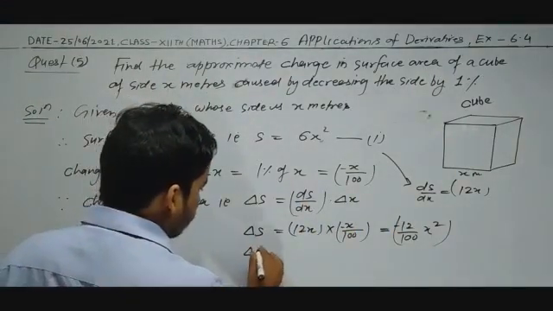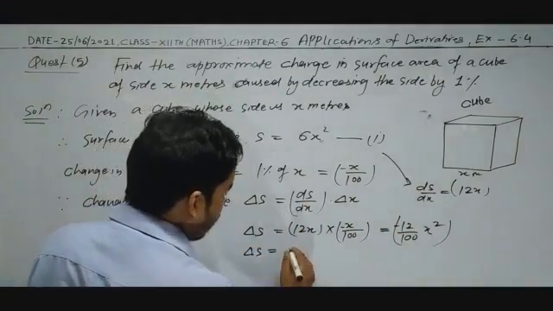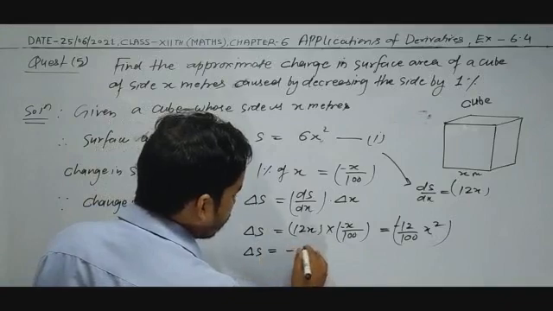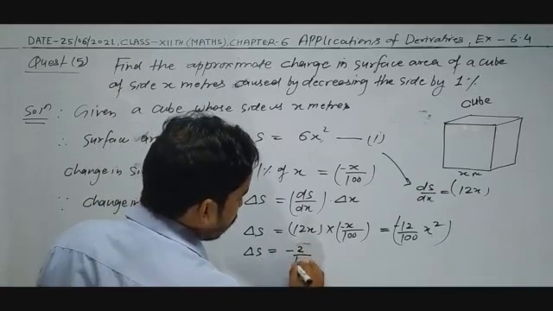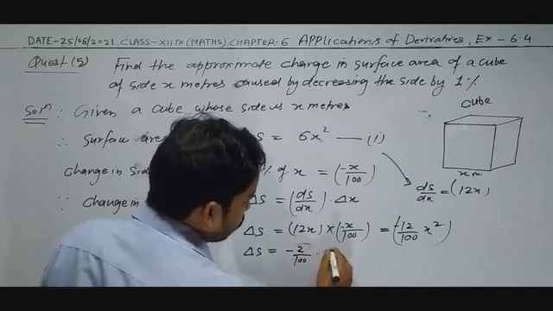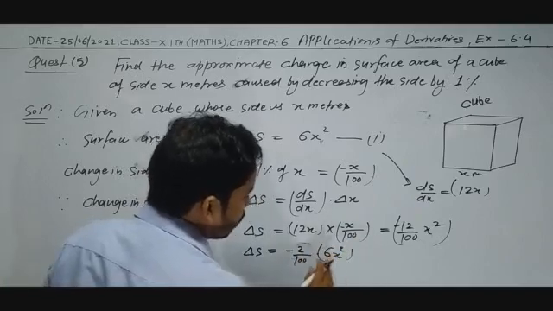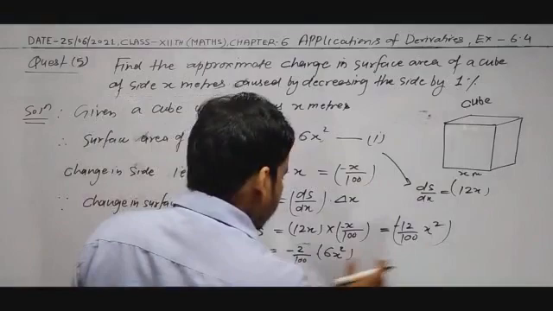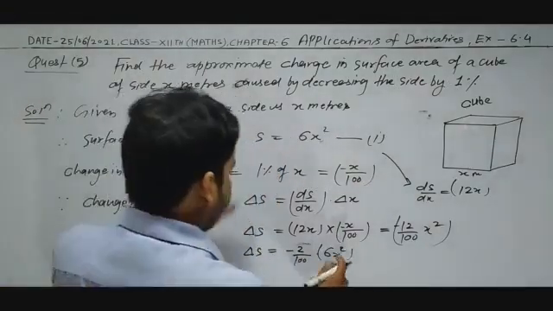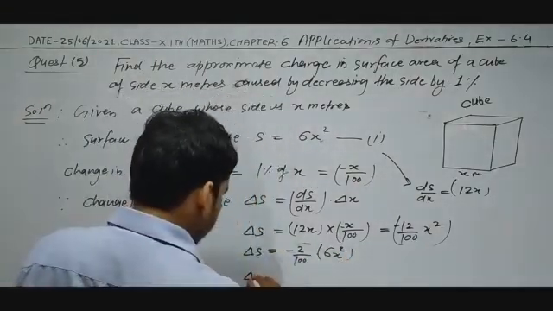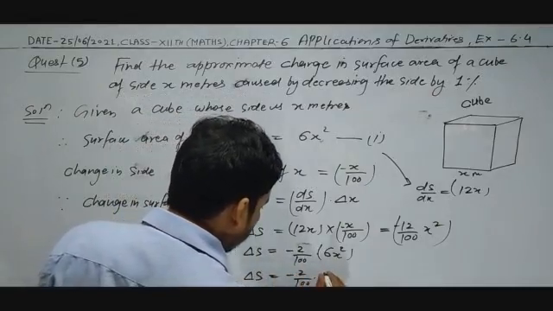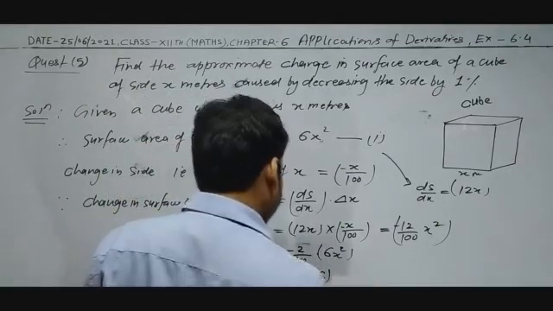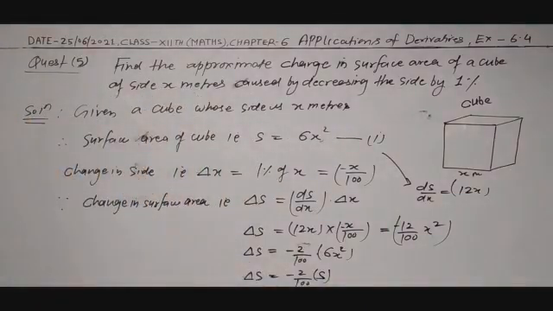And this change in surface area can be written as minus 2 by 100 into 6x square, and 6x square is the surface area. So this is del S is equal to minus 2 by 100 into S. S means surface area.